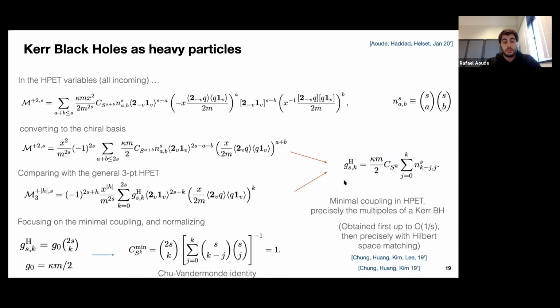So this is very nice, because it means that the minimal coupling in HPT is precisely the multipole expansion of a Kerr black hole, but also precisely the same expansion of a gravitating body.